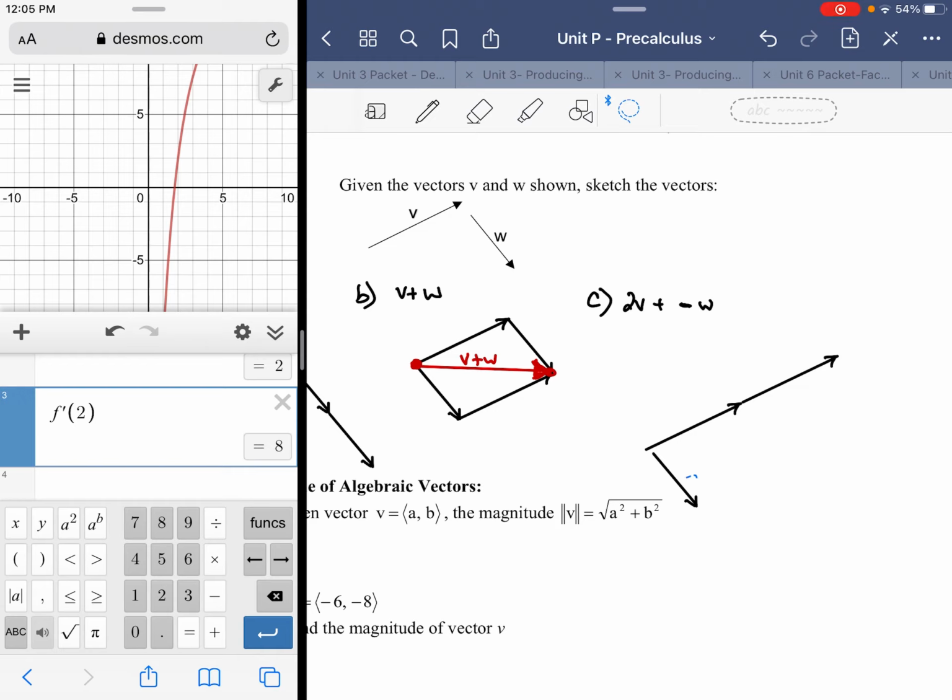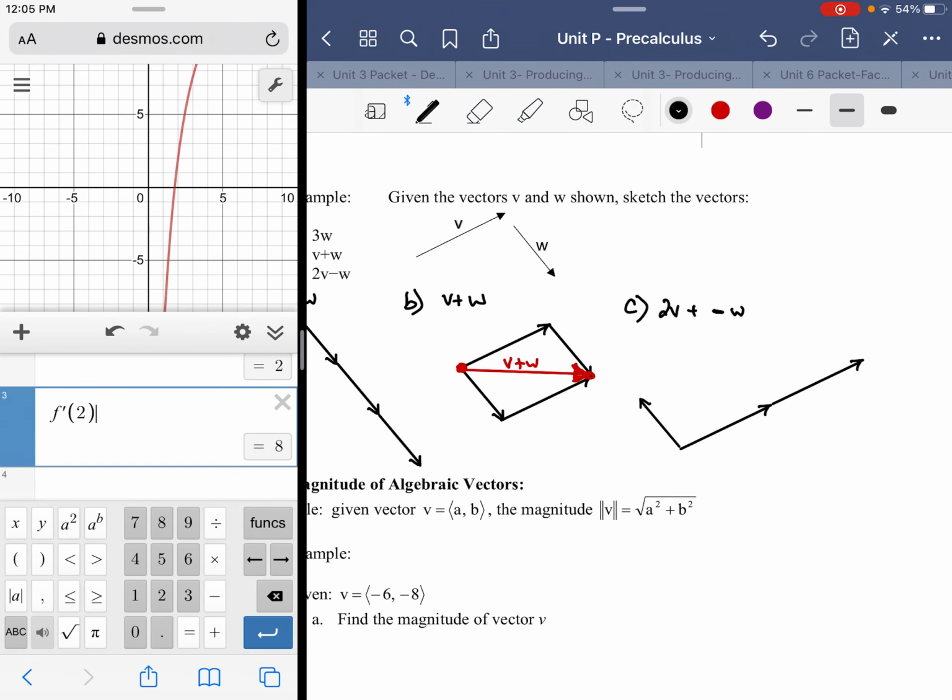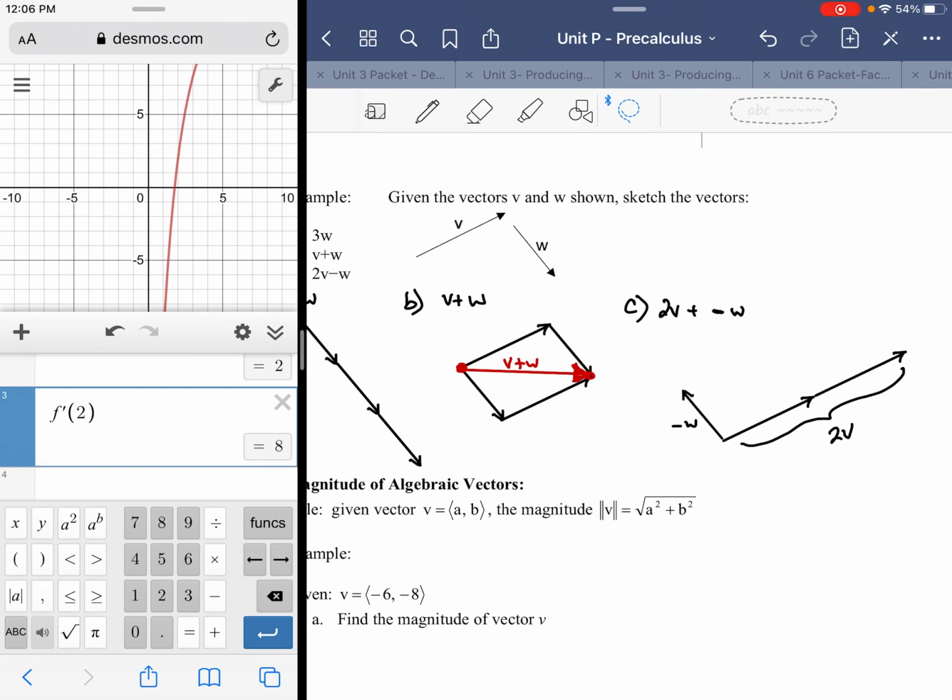Now w would normally be heading in the downward direction, but it's a negative w, so it's going to go the other way. So you change the orientation, so it's going in the reverse direction. That would be negative w, and this would be 2v.